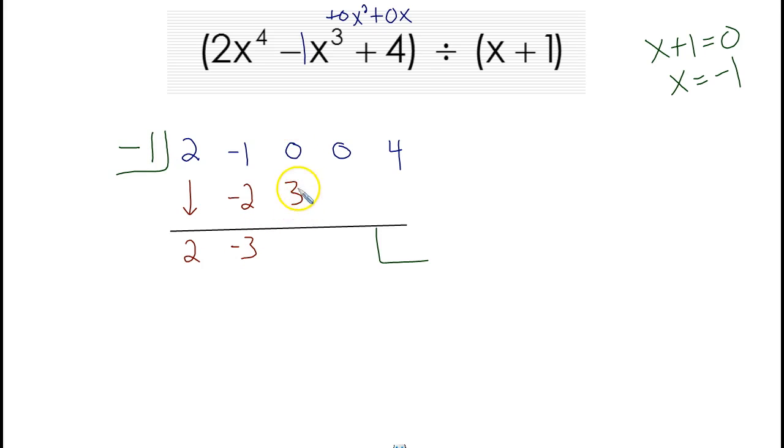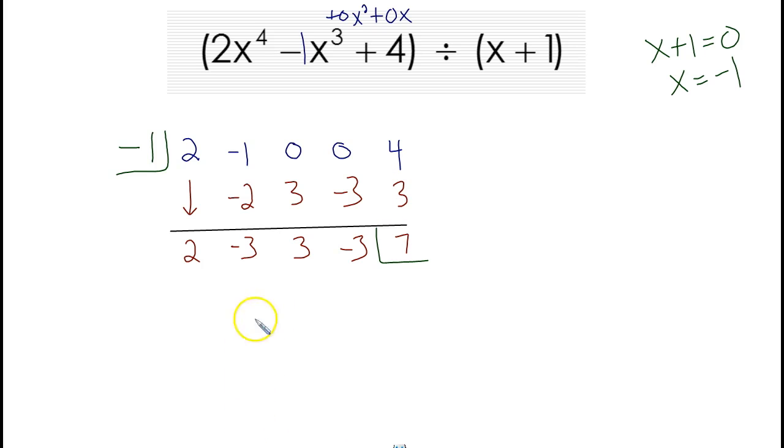Add 0 plus 3 is +3. Again, multiply -1 times +3 is -3. Add 0 minus 3 is -3. Multiply -1 times -3 is +3. And finally, add one last time. 4 plus 3 is 7.